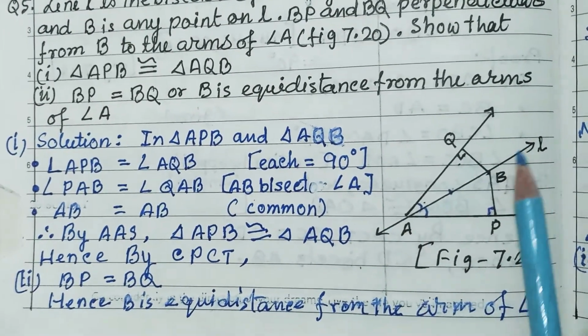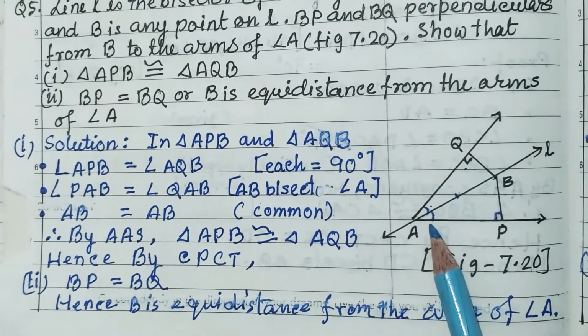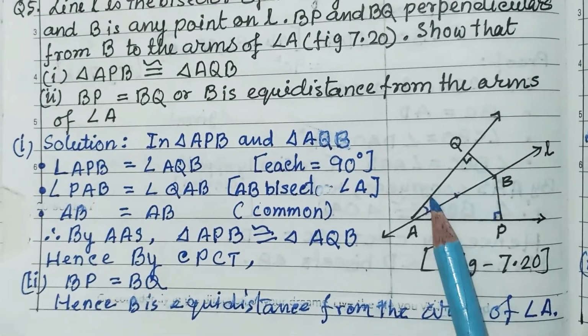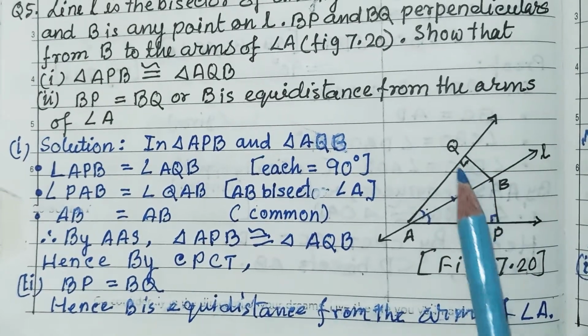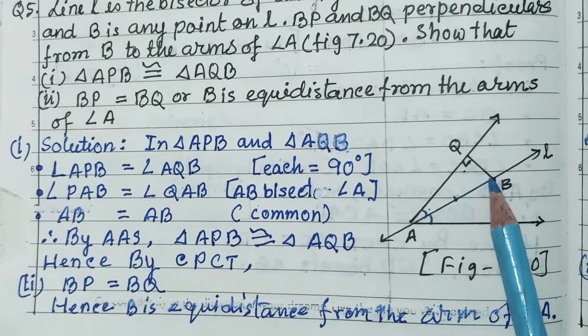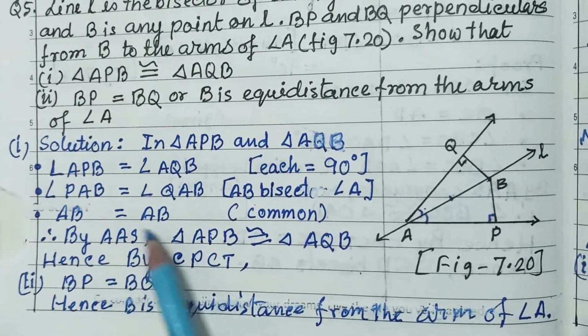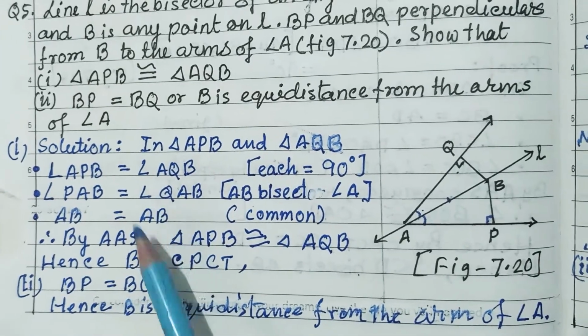Actually line L is the bisector of angle A, so this angle equals this angle, PAB is equal to QAB. These two are equal. And AB is the common side, AB equals AB. So these three parts are equal.